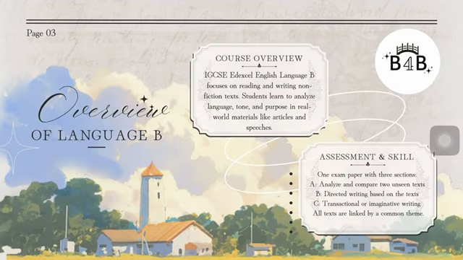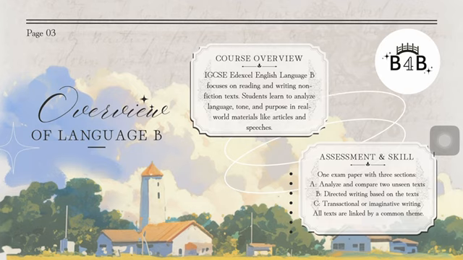So this is the overview of the subject. What is IGCSE English Language B all about? This course helps you develop your reading and writing skills through real-world non-fiction texts, such as articles, letters, speeches, or diaries.